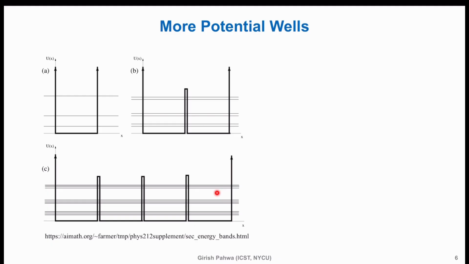If you have 4 such potential wells, the splitting will be into 4 levels. Okay, it can be proved. So the ground state will split into 4 levels, the first excited state will split into 4 levels, and so on. So these are closely spaced levels and they have split.